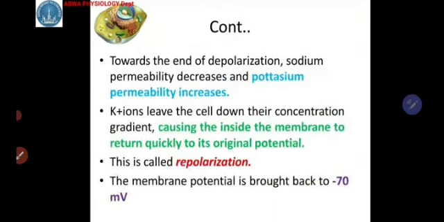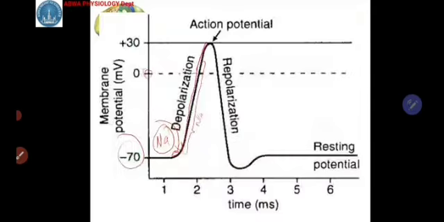Towards the end of depolarization, the sodium permeability decreases and the potassium permeability increases. Potassium ions leave the cell down their concentration gradient, causing the inside of the membrane to return quickly to its original position. This is called repolarization.